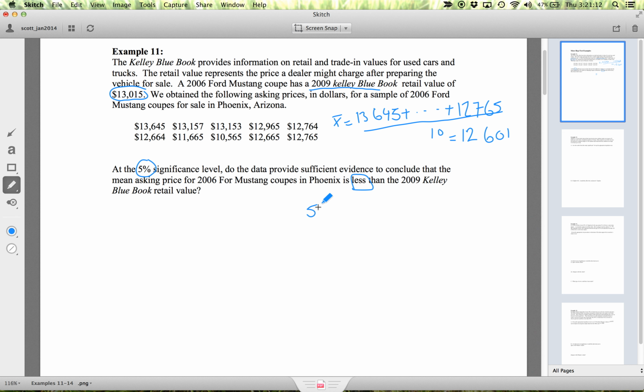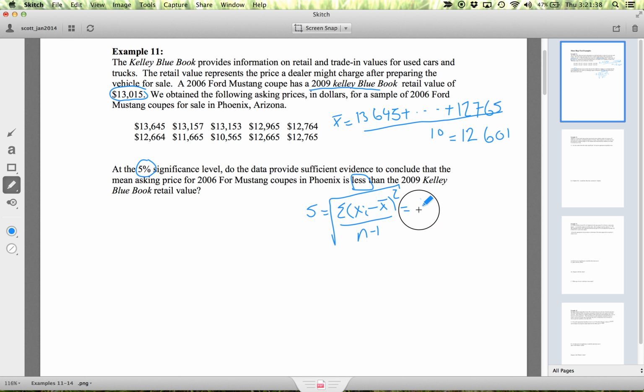Remember, sample standard deviation is denoted with an S, and the formula for calculating it looks like this. Try and remember how this works. We need to take each value, subtract it from the average, square them, add them all up, and divide by n minus 1, finally taking the square root.